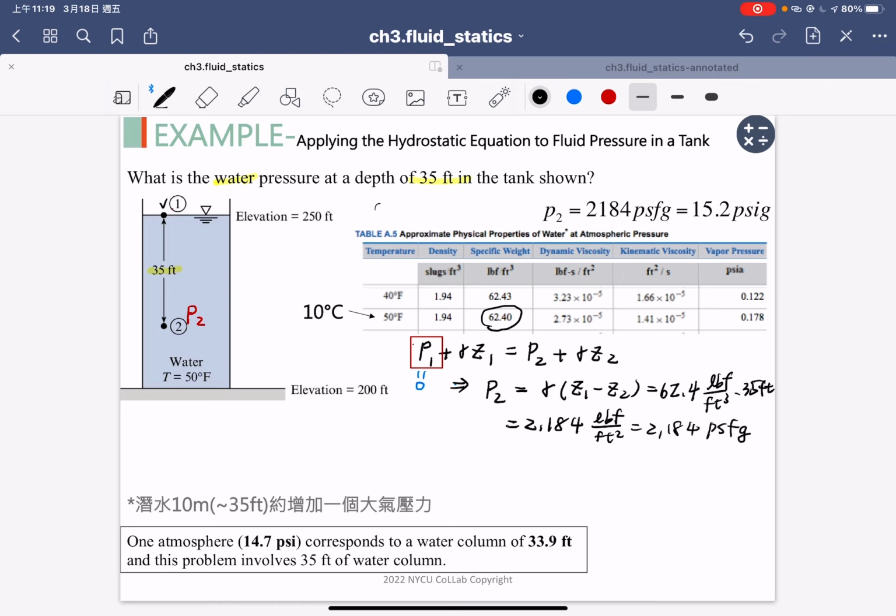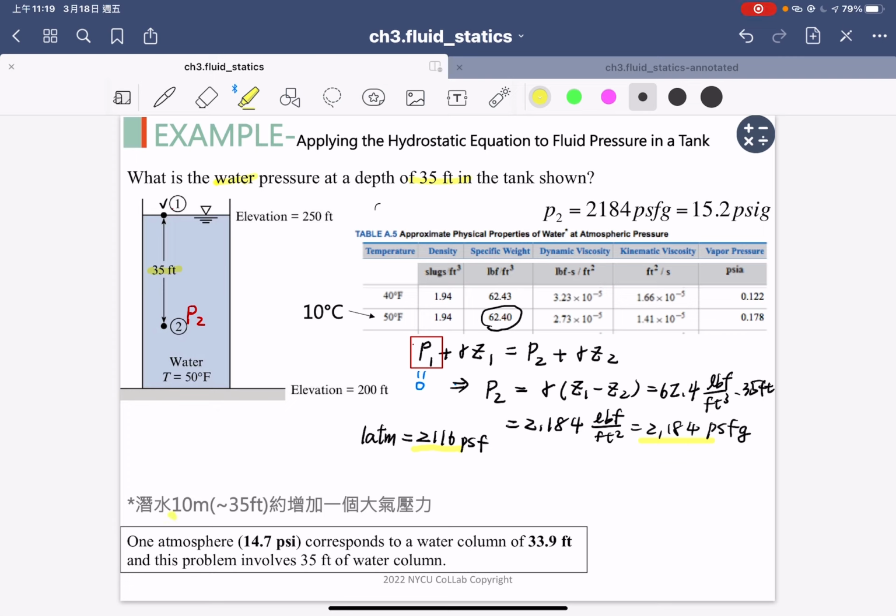We know that actually 1 ATM is equal to 2116 PSF. So the two numbers shown here are quite similar. That's the sentence I summarized on the slide.